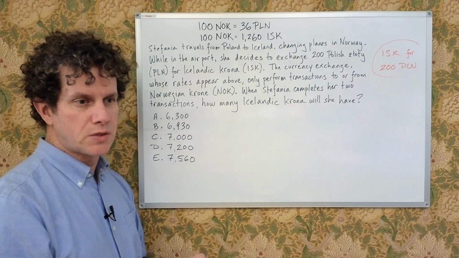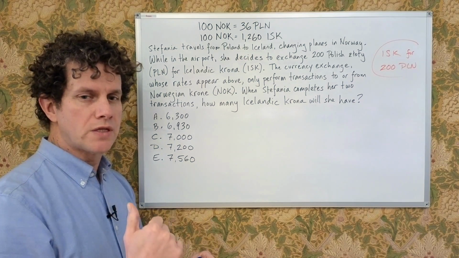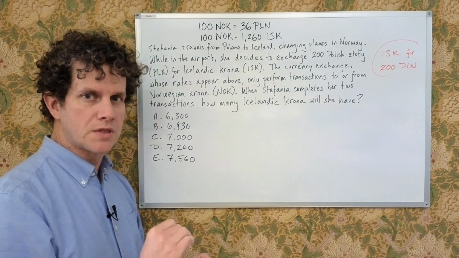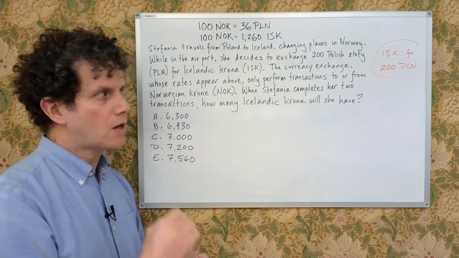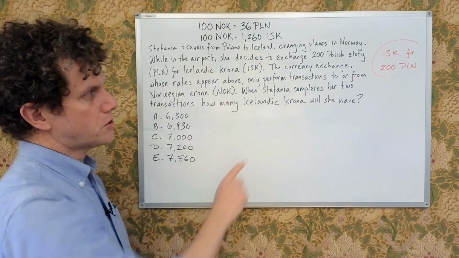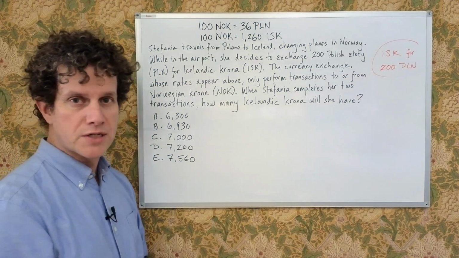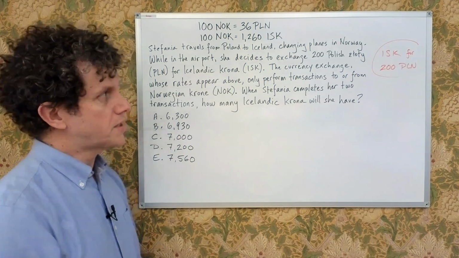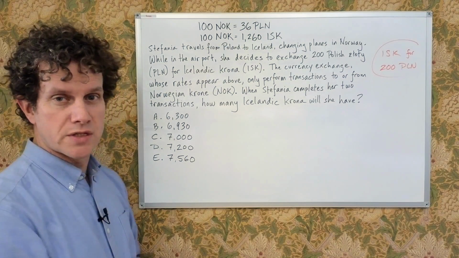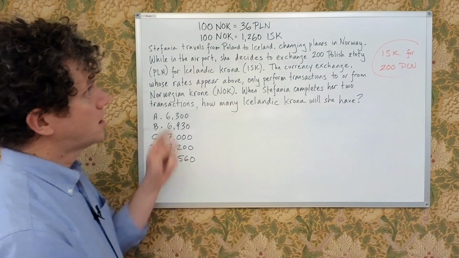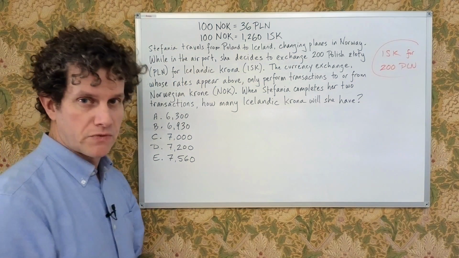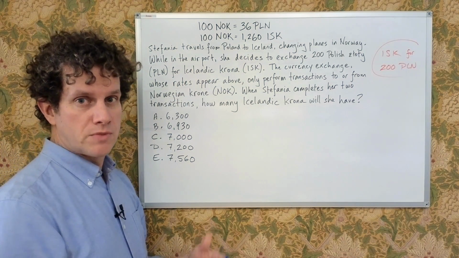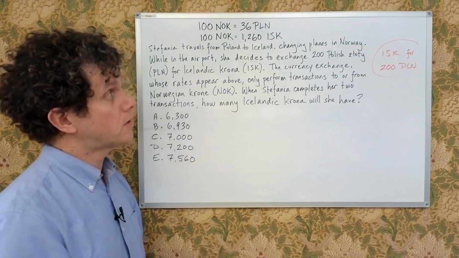But after reading the question twice, my next move is to pause a moment and pick my path. How do I want to proceed? How am I going to turn what they've given me into the thing they're asking for? And if we take a moment to reflect, we notice that this Norwegian currency exchange is expressing everything not just in terms of Norwegian krona, but in terms of 100 Norwegian krona.